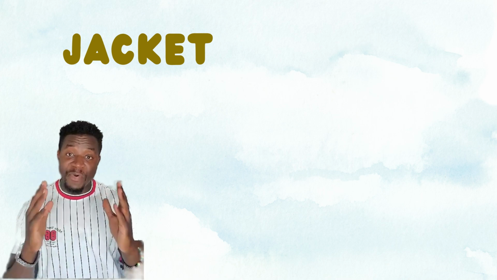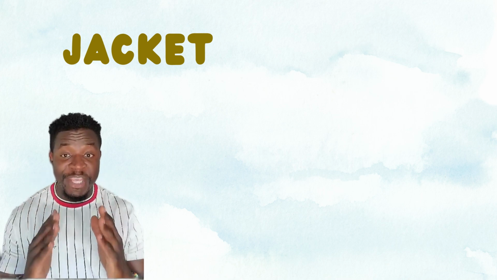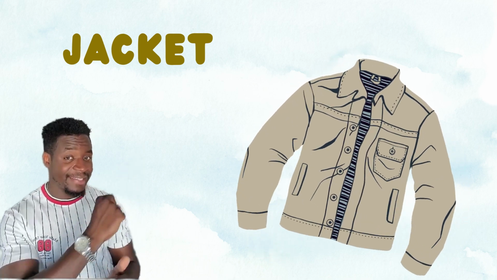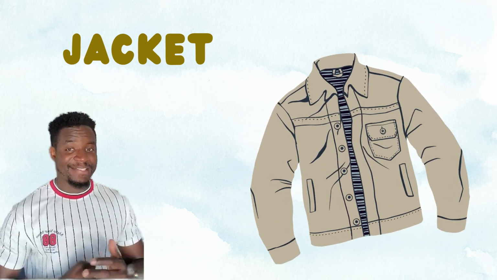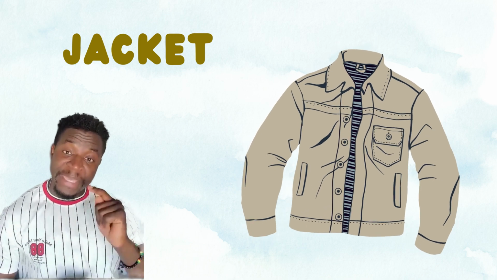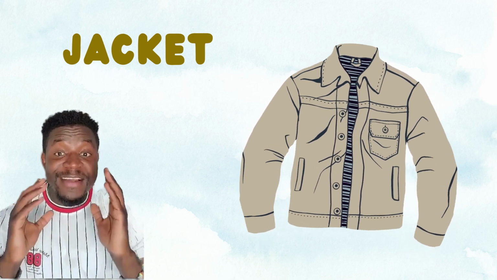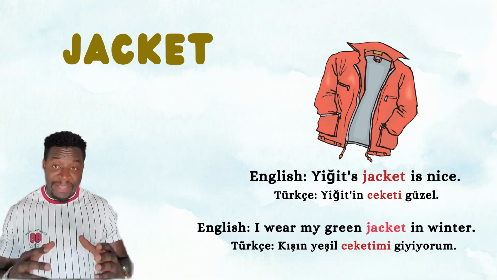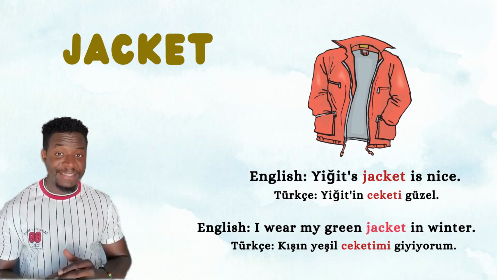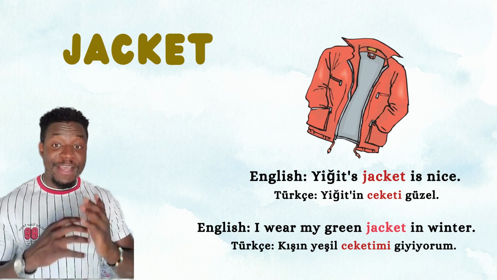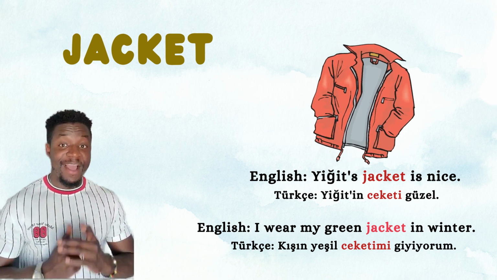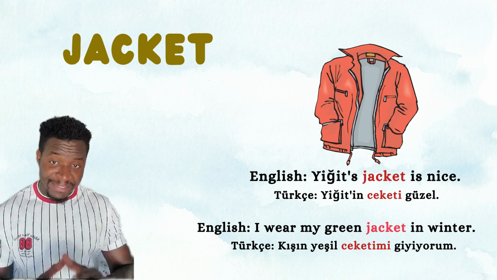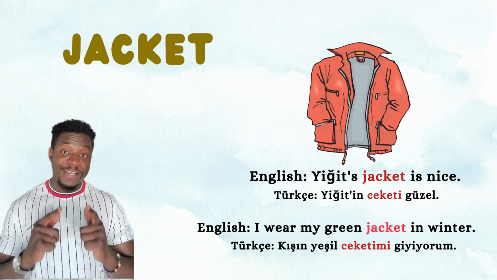An example of a word that begins with J is jacket. So jacket begins with the letter J. Okay? Great. Let's make some example sentences with the word jacket.